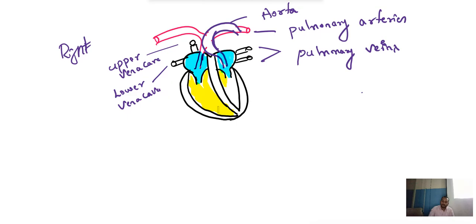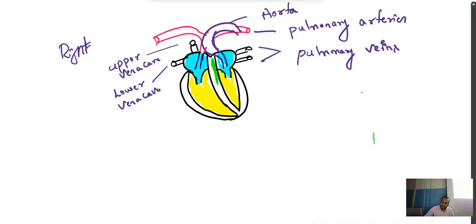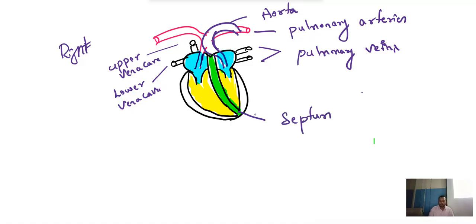Noted? And this is the fourth chamber. In between these chambers, the part which is separating them, can you see this green color? This part is known as the septum.